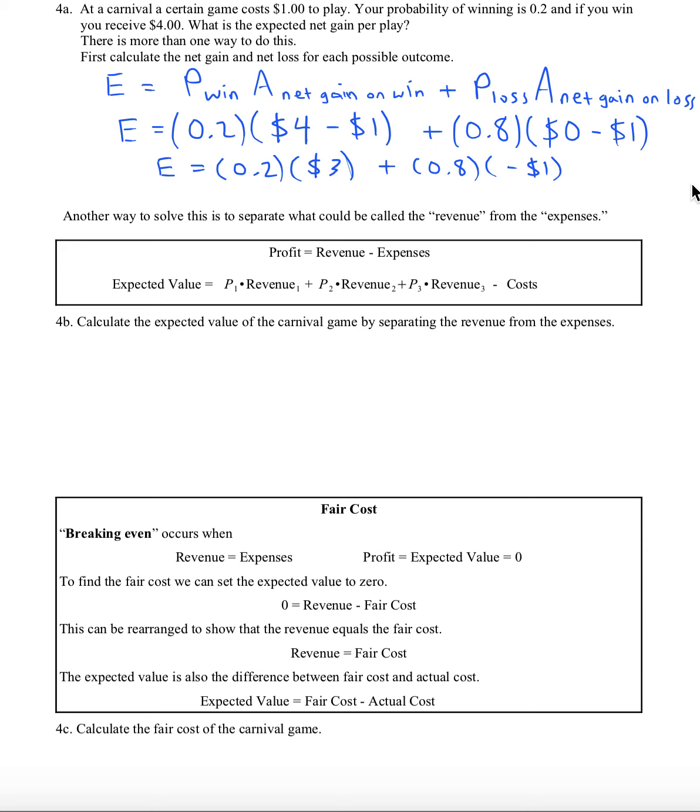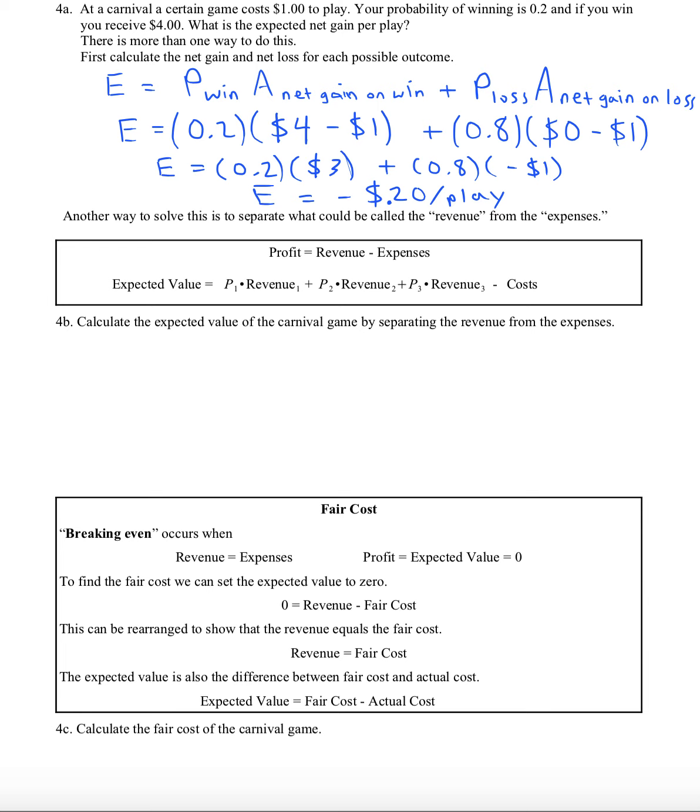All right, so now we want to calculate this. If it comes out 0, that means it's a fair game. If it comes out positive, then that would be good for the player. It's a game you'd want to play because chances are you're going to get more revenue than you pay in costs. But this one comes out negative 20 cents per play.